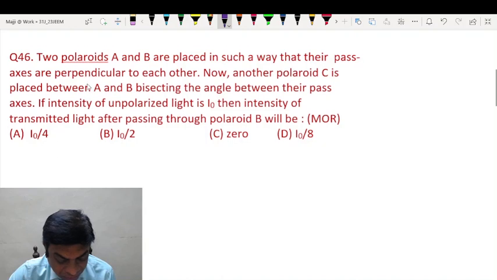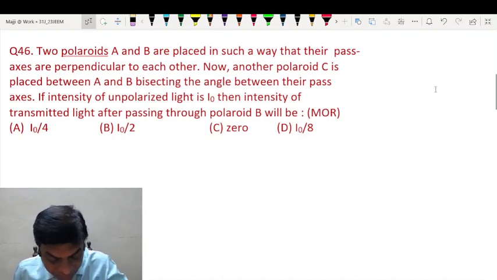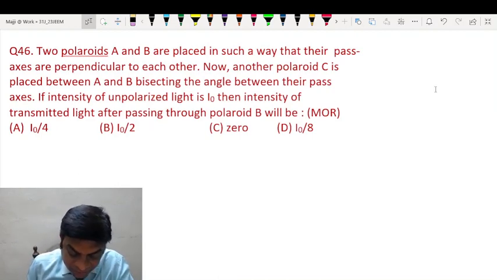Moving to the next question. Two Polaroids A and B are placed in such a way that their pass axes are perpendicular to each other. Now another Polaroid C is placed between A and B, bisecting the angle between their pass axes.